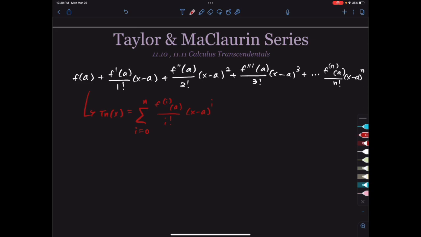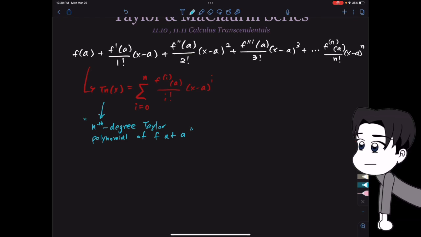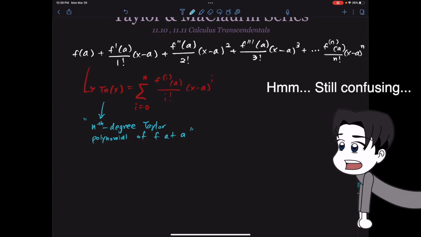Okay, so now the notation Tn of x is called the nth degree Taylor polynomial of f at a. It sounds confusing, but trust me, it's not as bad as it sounds.